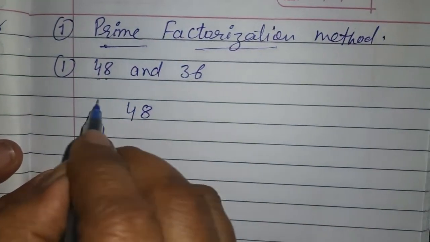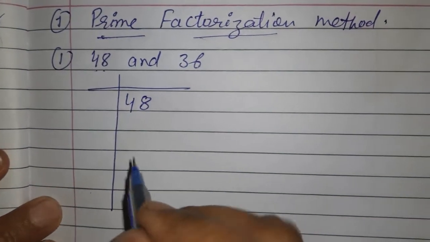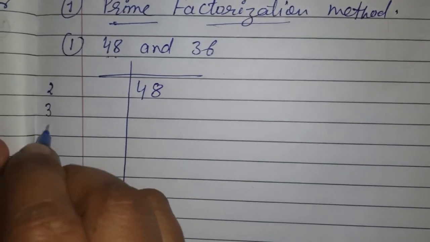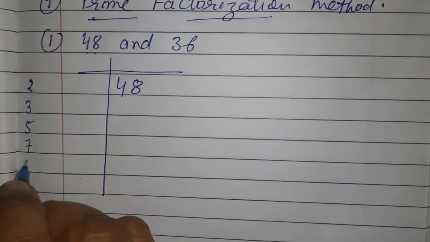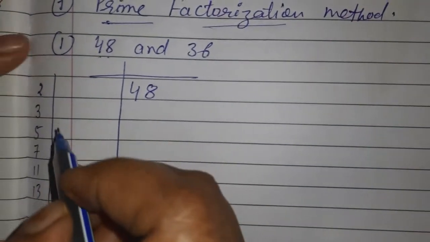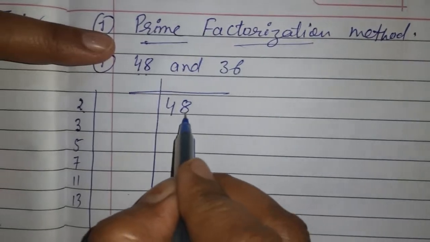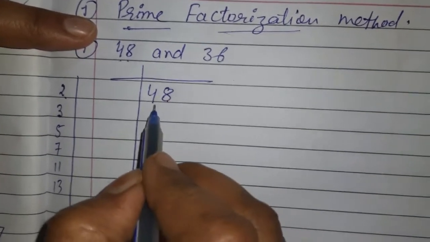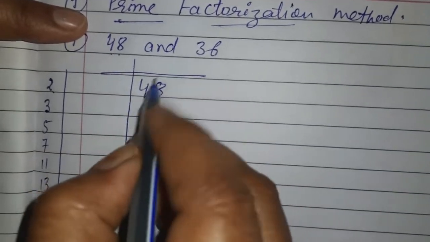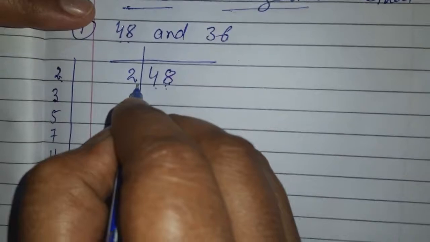To find its prime factors, first you know the prime numbers: starting from 2, 3, 5, 7, 11, 13. All these are prime numbers. One by one you can take these numbers and see whether the number divides 48 or not. Since 48 is an even number, it is divisible by 2. So take 2 and divide 48 by 2.